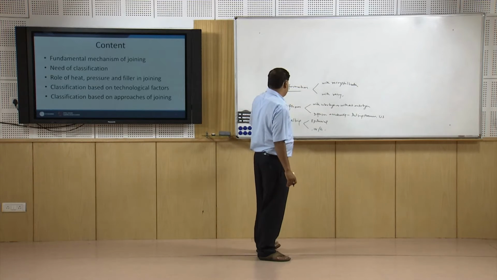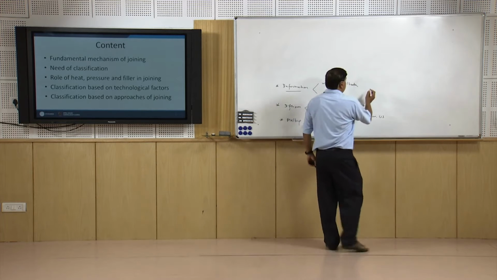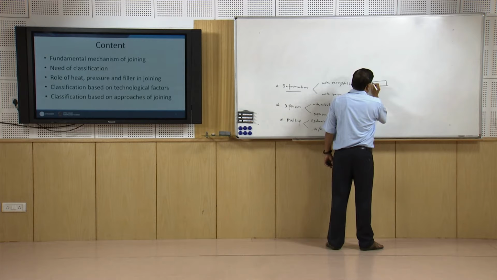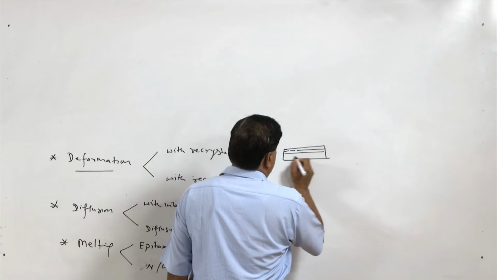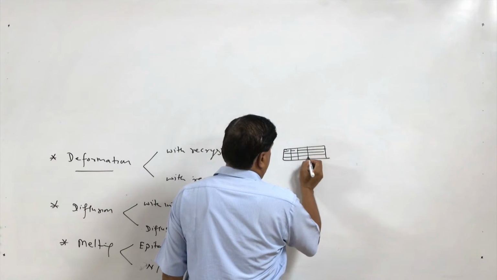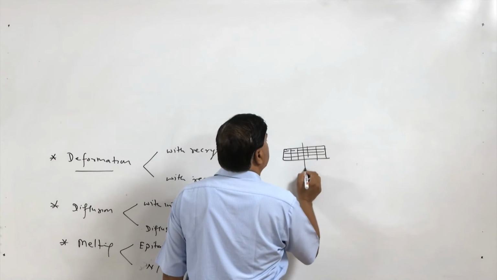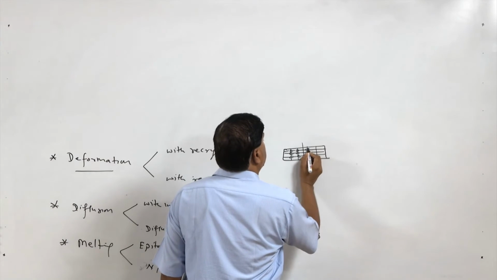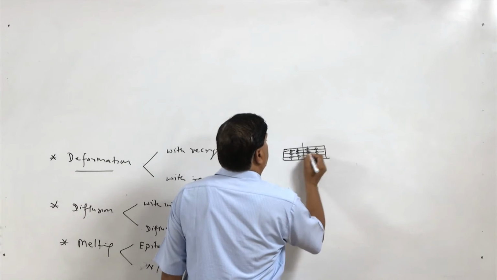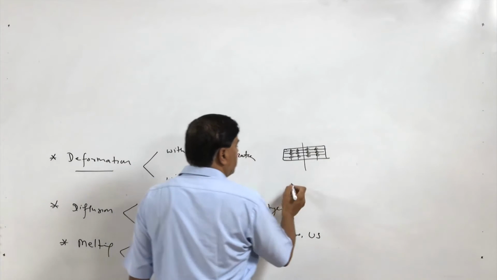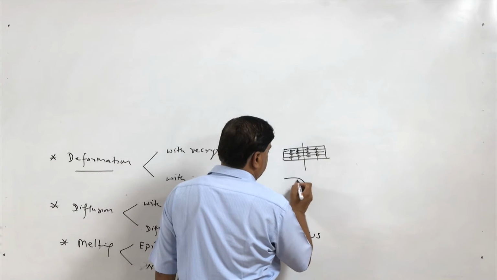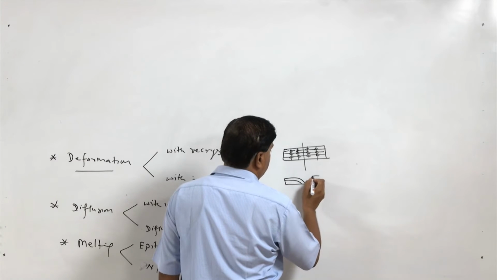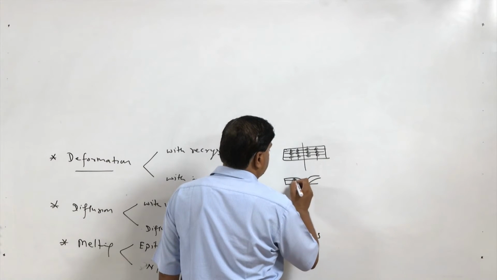Each of these we will elaborate one by one. Like say the two components having the regular arrangements of the atoms like this, and this is the interface. So, this arrangement of the atoms exists in this way on the sides, and when the joint is made, you will see this arrangement of atoms is disturbed in this manner, where the continuity is achieved, but the arrangement of the atoms near the interface is disturbed.